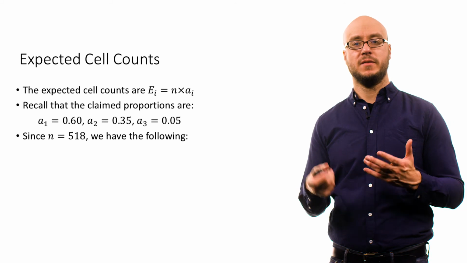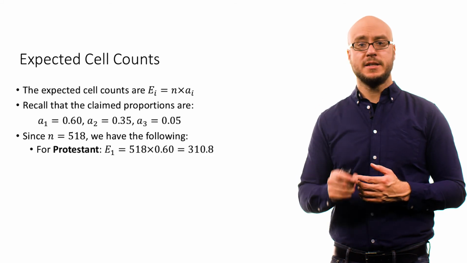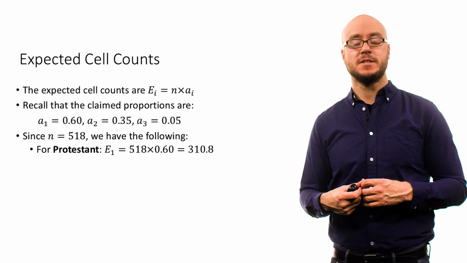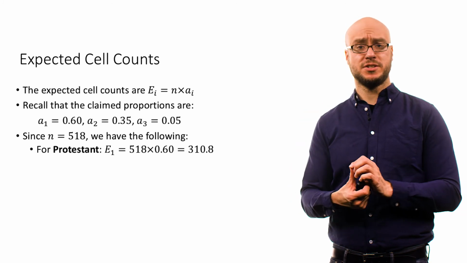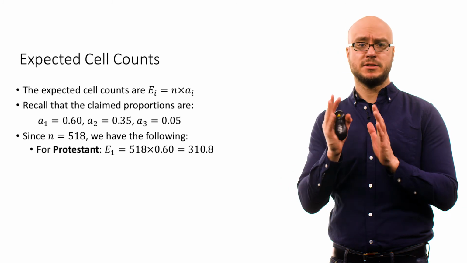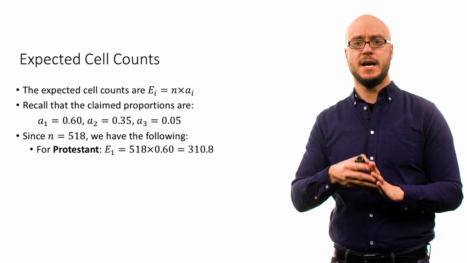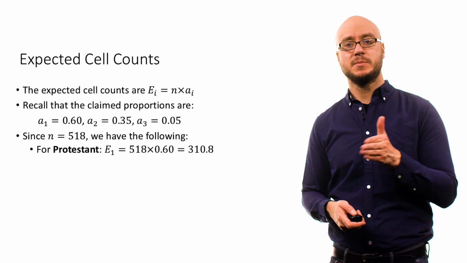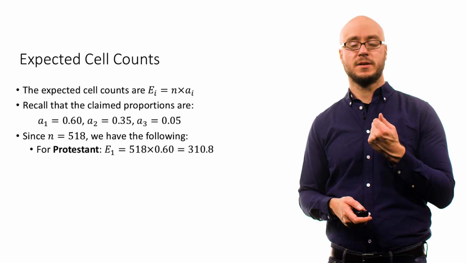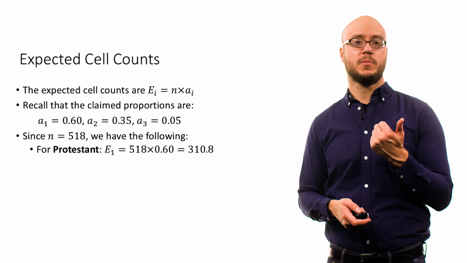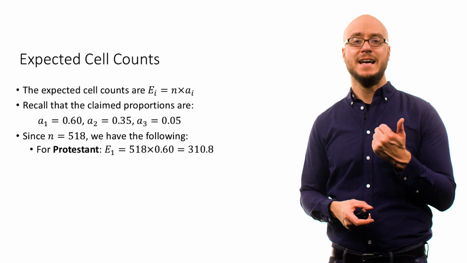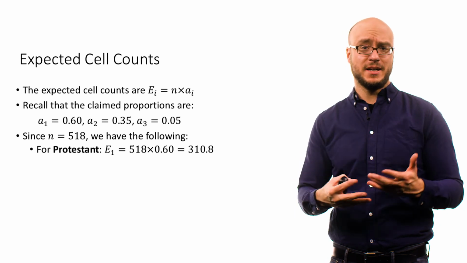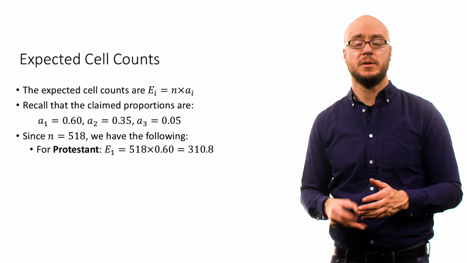So the sample size is above 500. To calculate the expected cell counts based on this claimed distribution in the population by this religious studies scholar, we just multiply the total sample size by the proportion. So if we multiply 518 times 0.60, where 0.60 is the claimed proportion in the population by the religious studies scholar, then if the scholar is correct, using this sample of data, we'd expect about 310 young people to be Protestant.